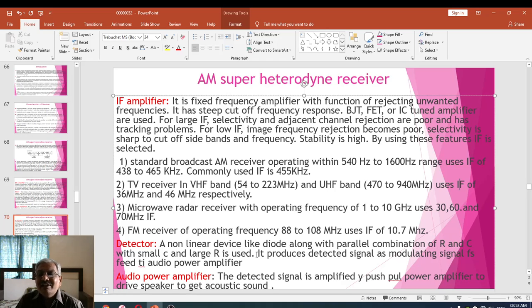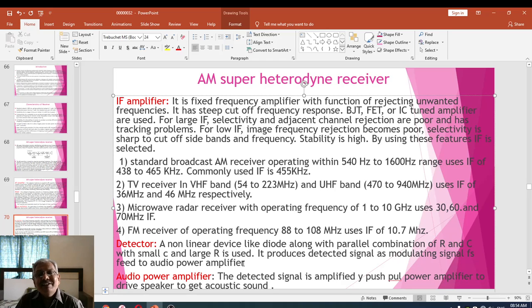It detects the signal and recovers the original modulating signal from the modulated wave. That is, it produces the detected signal as the modulating signal Fs and feeds it to the audio power amplifier.